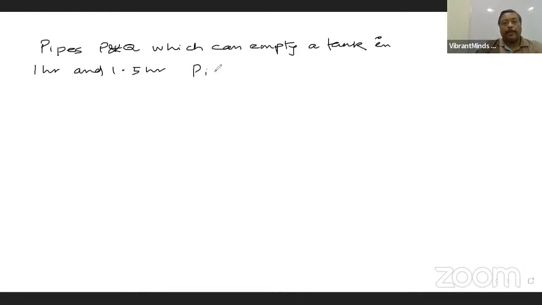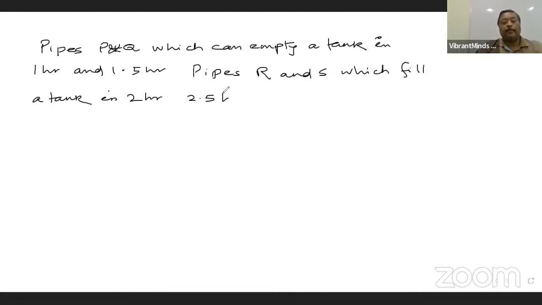And we have pipes R and S, which can fill a tank in 2 hours and 2.5 hours.